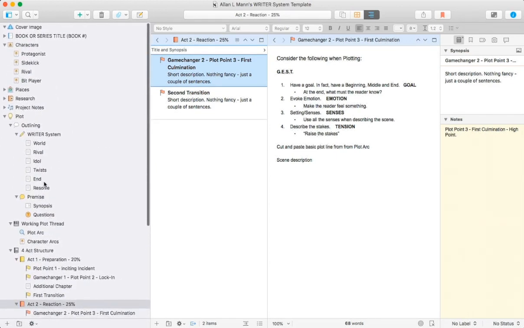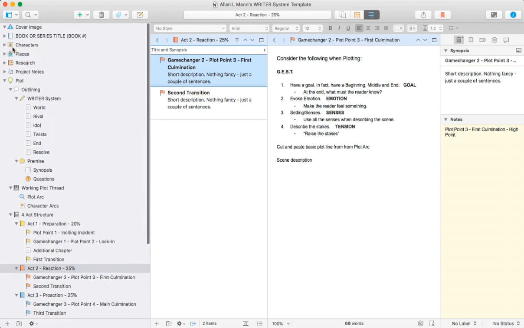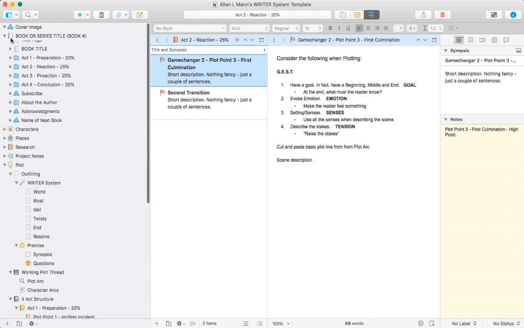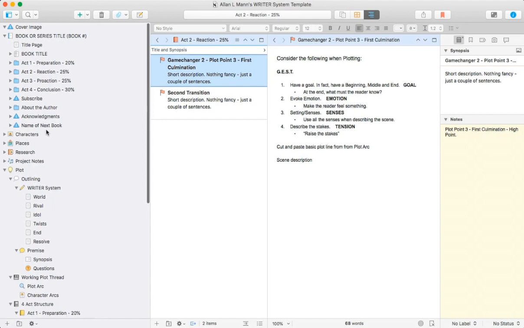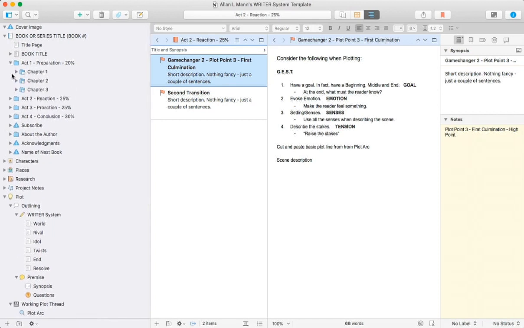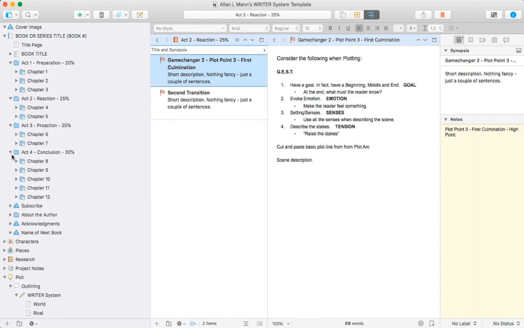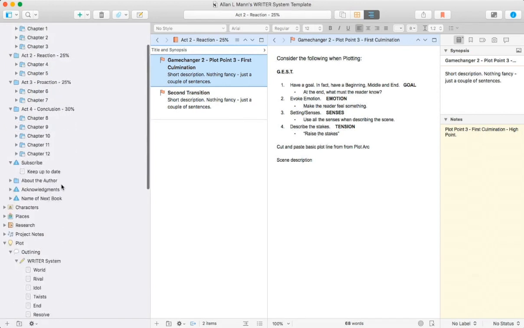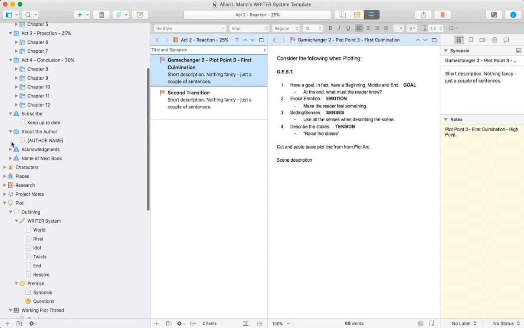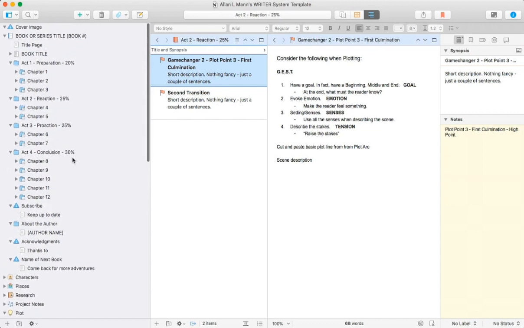Well, let's do that. So let's go up to the top and let me close down the characters. And in this template, I have created this working section. I like to look at this as my working section. So here are all of the sections that I would put into my book, whether that's an ebook or whatever.